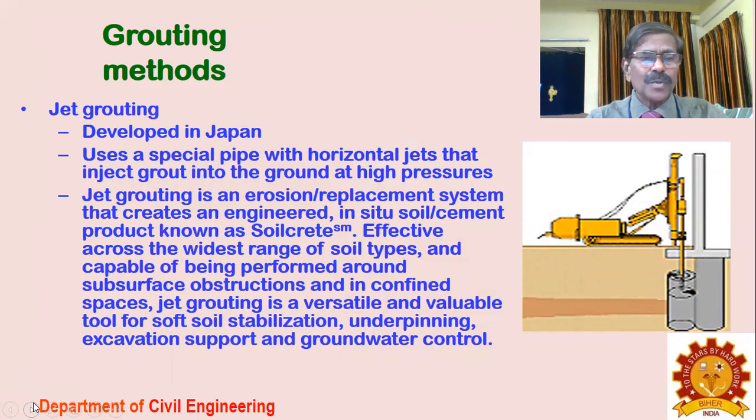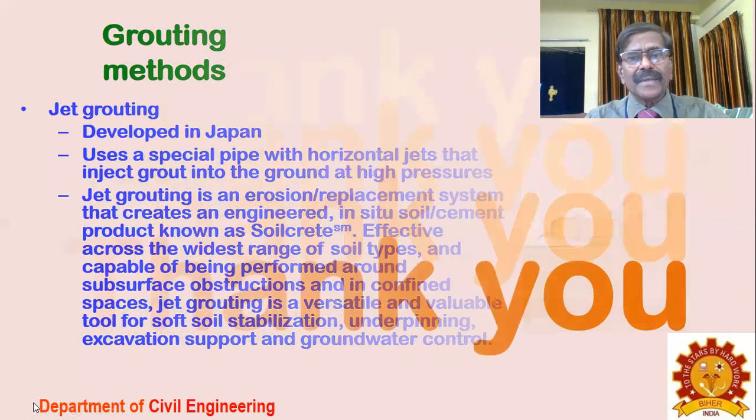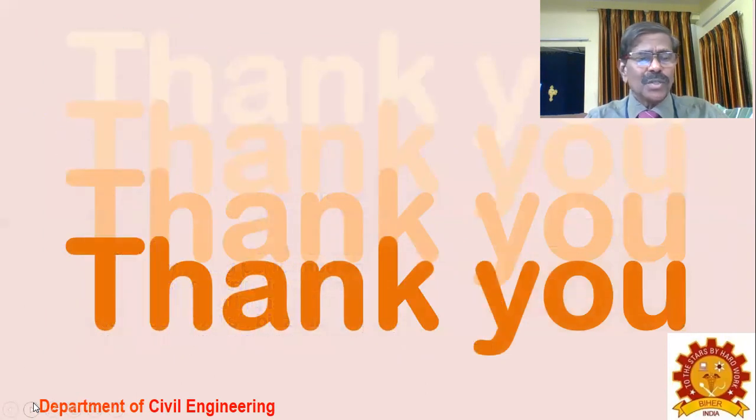Jet grouting is a valuable tool for soil stabilization, excavation support and groundwater control. So it is a very powerful grouting method for stabilizing the soil. So for stabilization of the soil, we have done extensive treatment, and that should be understood well when you want to think of soil stabilization.